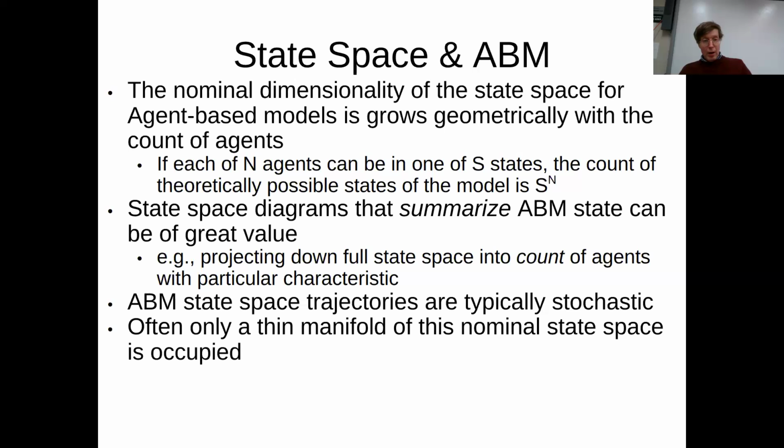And in general, if a given agent can be in one of S different states, the number of theoretically possible states in the model is S to the n, right? It bears sober reflection that if we have one state chart where they can be in one of 2 states and another where they can be in one of 3 states, although we can express each agent concisely with these state charts, just showing 5 states, the number of state combinations for that one agent is 2 times 3.